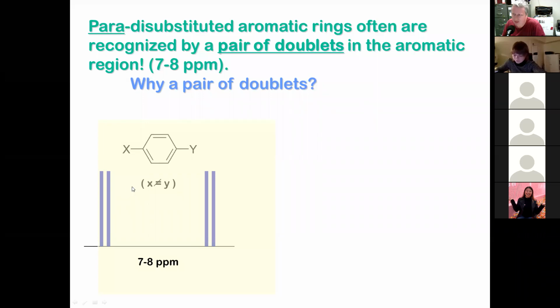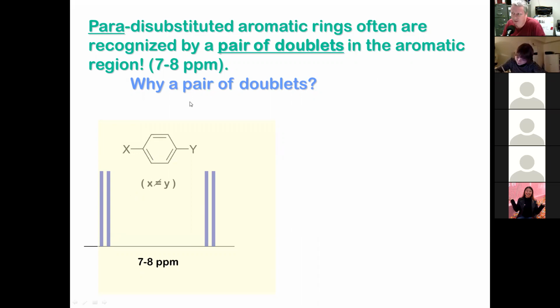You have 2 protons like these 2 protons, and those are different than these 2 protons, right? But each of the pair of protons, this CH is identical to this one. You count the neighbors. There's basically only one neighbor, right? Each of these has one neighbor, which is the next door proton, right?